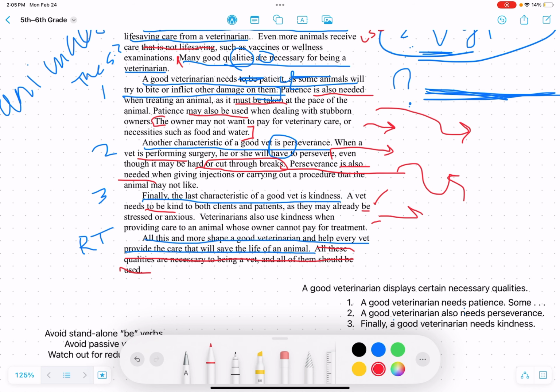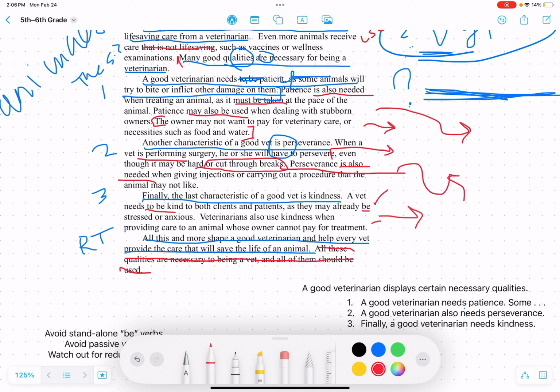And then the kindness one, talking about the importance of earning trust with an animal and with an owner, and the rapport you have with them, maybe kindness in the words and in approaching an animal, kindness in approaching the owner, maybe the importance of listening.